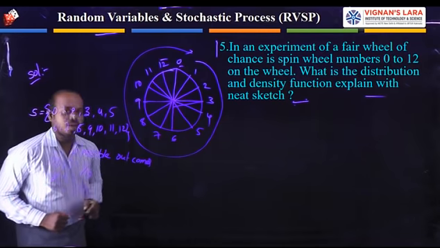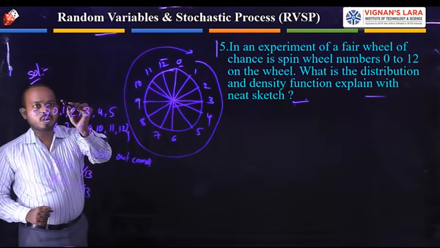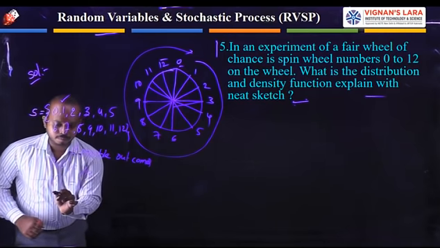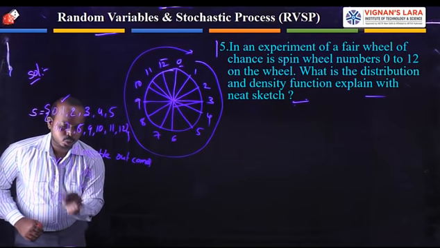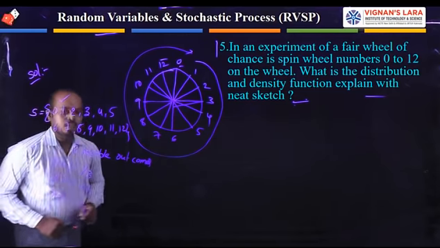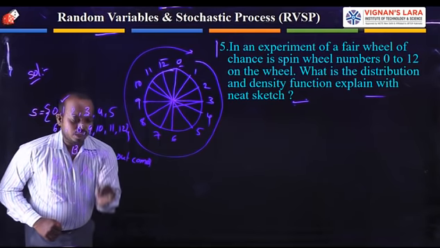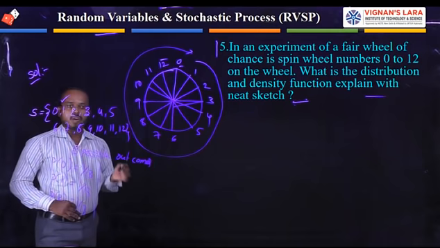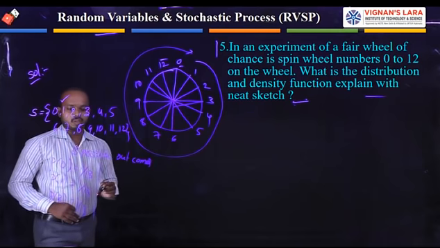Why? Because we have only one event. That's why I'm writing 1 by 13. For getting 2, the probability is 1 by 13. Similarly, you can write the individual probabilities for the occurrence of all the elements.